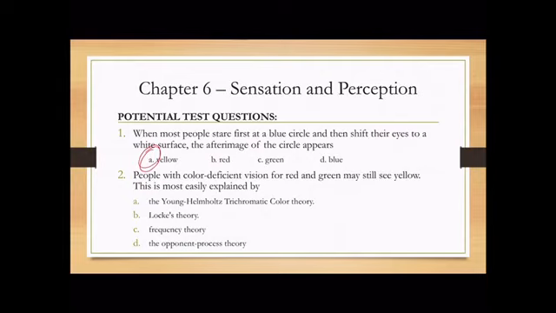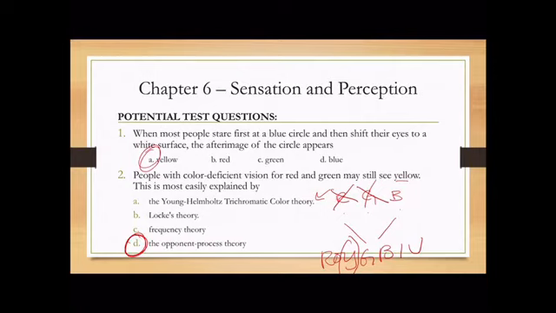And people with color deficient vision for red and green may still see yellow. This is most easily explained by the opponent process theory, because the trichromatic color theory says that we have red, green, and blue, and the stimulation of these creates the perception of any color along the spectrum. But if our red and our green is deficient, how are we going to create yellow?